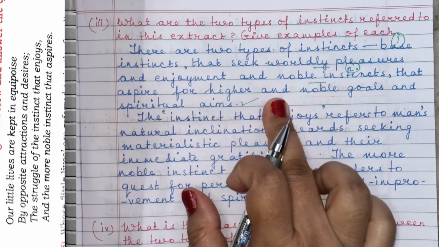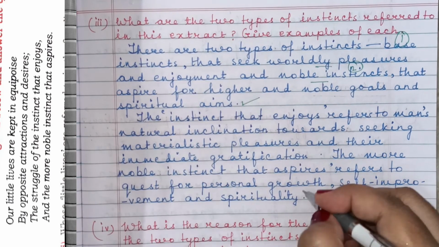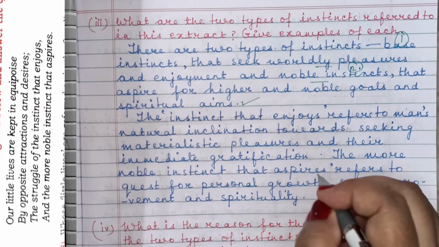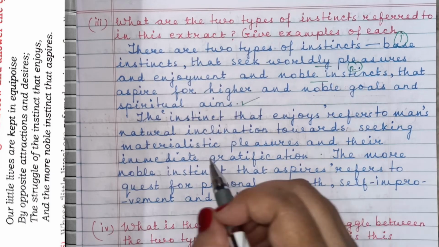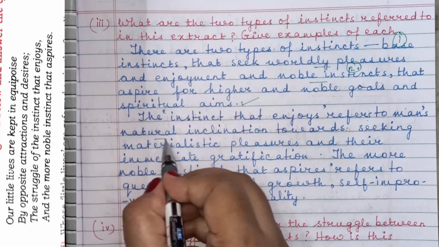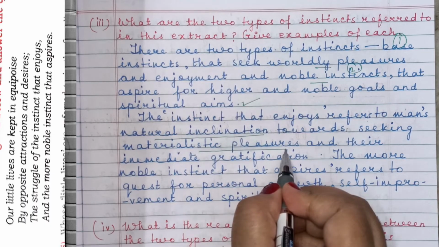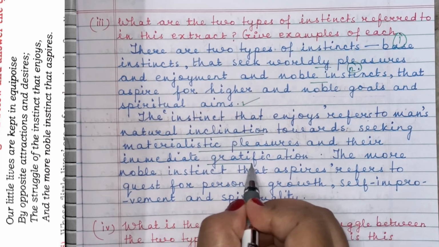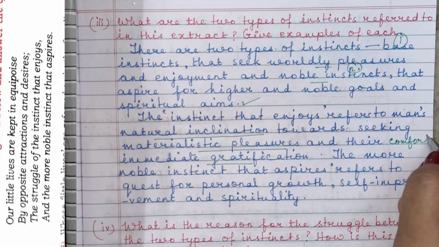I have given the examples as well, but I have mentioned a little extra for your benefit so that you can use it if necessary. Give examples. The instinct that enjoys refers to man's natural inclination towards seeking materialistic pleasures and their immediate gratification. Comfort as well. Comfort, luxury.